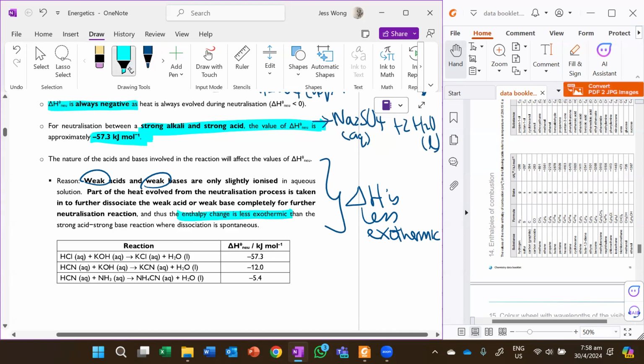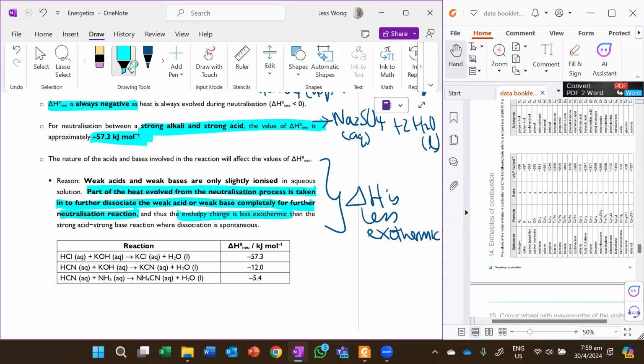Okay, and the reason is because since the weak acid and weak bases are only partially ionized, some of the energy that is given out during the neutralization reaction will be absorbed by the weak acid or the weak base to allow it to completely dissociate for the neutralization reaction. So the net enthalpy given out will be lesser and it will be less exothermic.